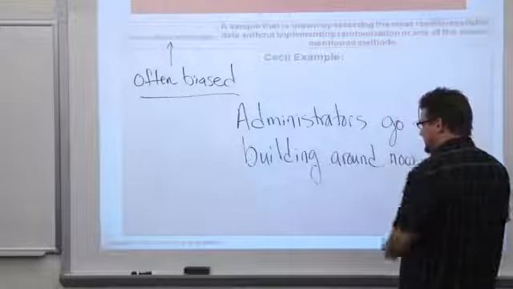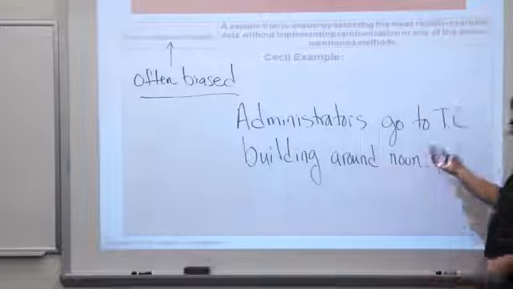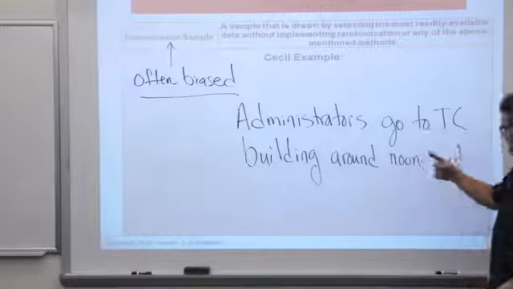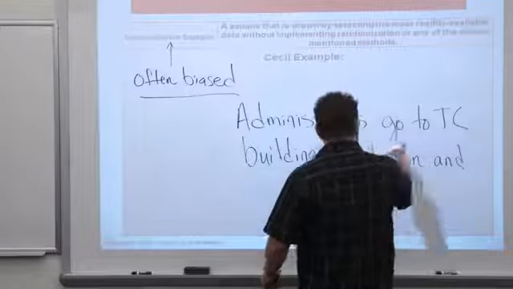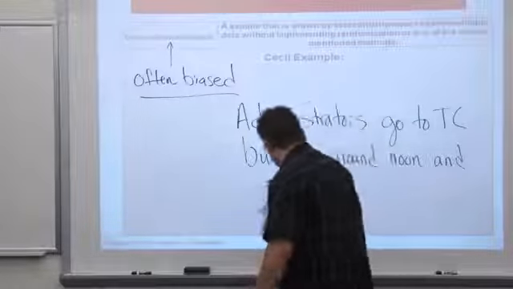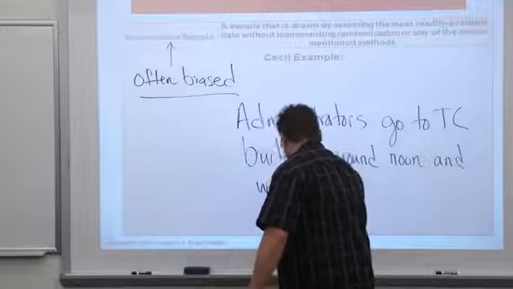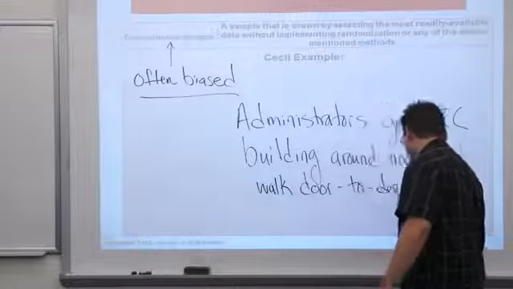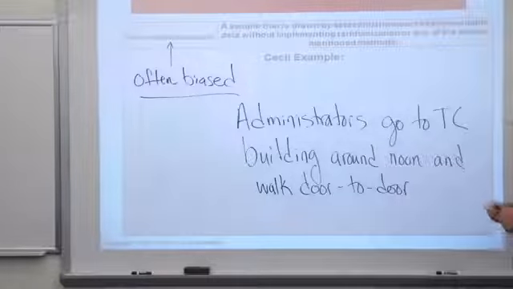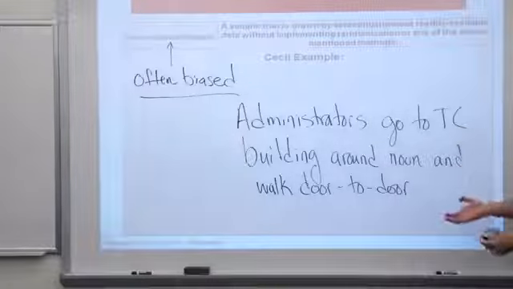Visit classes in the TC building. It's convenient for them. They're collecting the data. They said, well, it's around lunchtime, I'll go check out the 12 to 2 classes here. They haven't used any official methods.